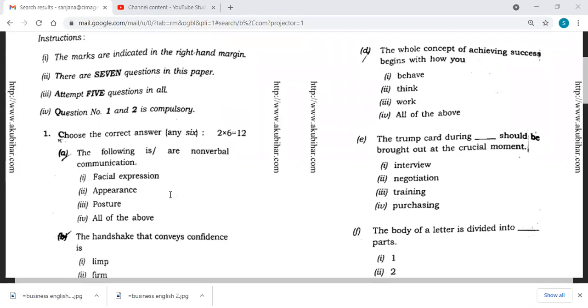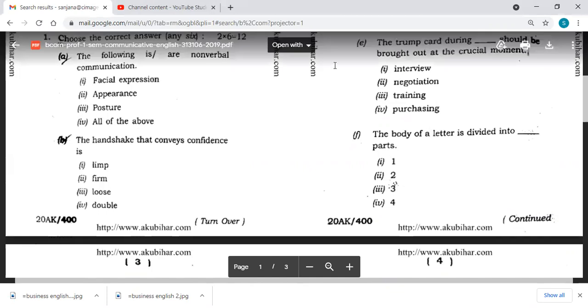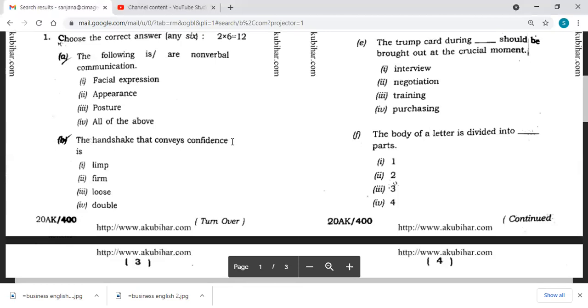B. Quickly read the question and answer. The handshake that conveys confidence. Now, what is a handshake? A handshake is a very formal way of greeting people. When you are in a handshake, you say, how do you do? This is how you shake hands and what you say.